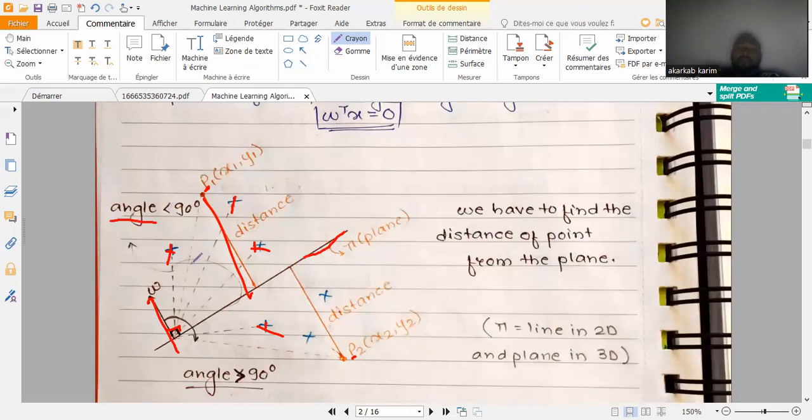All the points that we have in this part of the plane should be less than 90 degrees. If you take any point here, you see all these are less than 90 degrees, in this whole space.